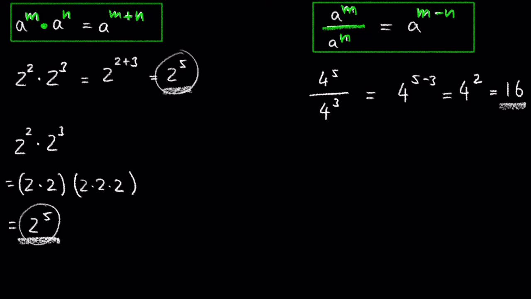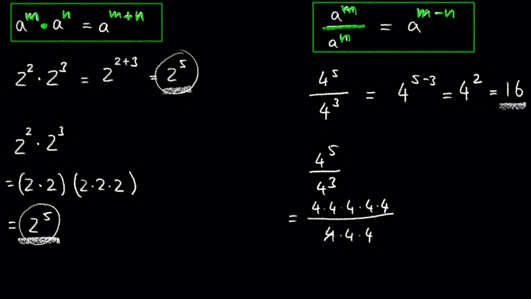We can check if this is true by writing our problem differently. 4 to the 5th is the same as 4 times 4 times 4 times 4 times 4. And 4 to the 3rd is 4 times 4 times 4.